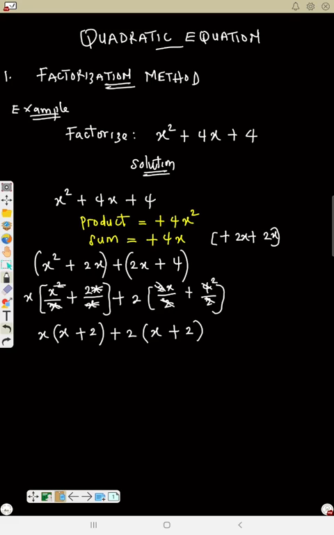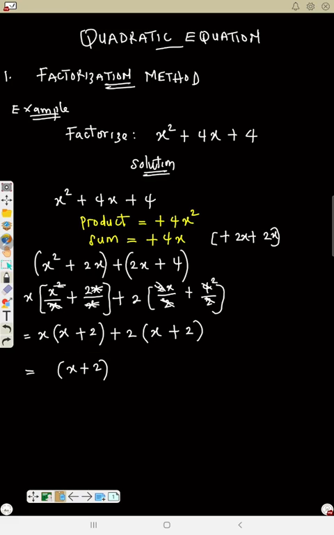Now in solving quadratic, the first thing you need to note is that this term and this term must be the same. If they are not the same in factorization, something is wrong. Now since they are equal, I will have s plus 2, meaning this s plus 2 and this s plus 2, just write one of it.